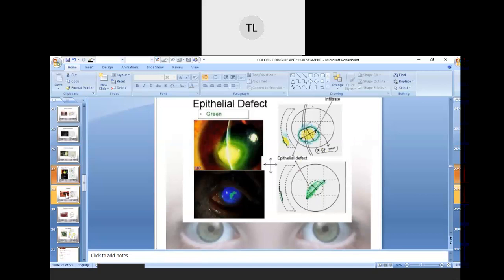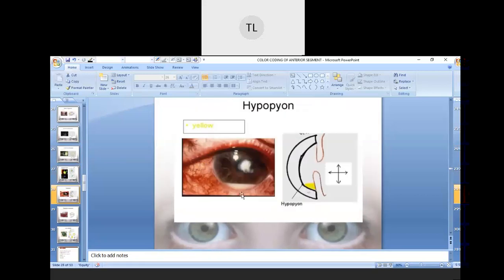Okay. So the next we have is a hypopyon. Okay. So what is the definition of hypopyon? Yes, Saddam. Movable pus.